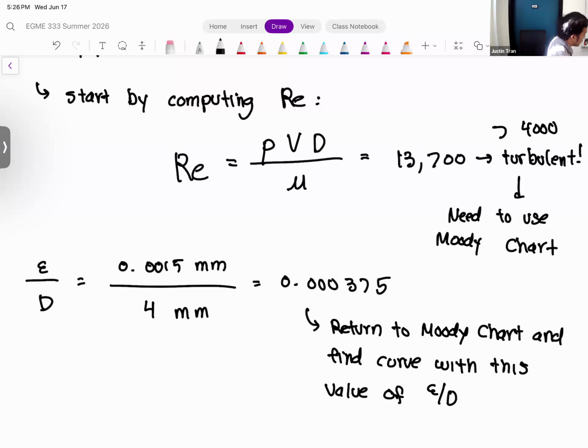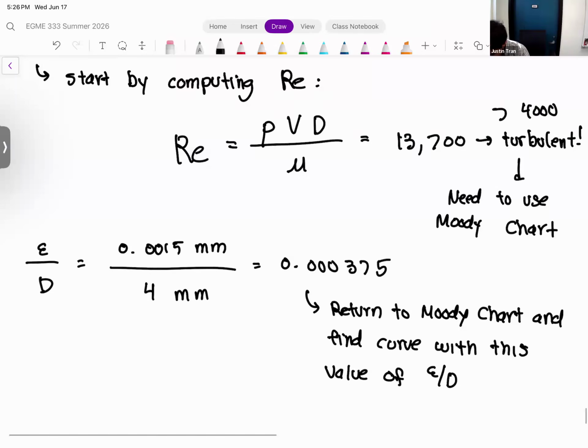Now, the issue, and you're going to run into this a lot when you're doing problems, is that there's not going to be a curve that matches your ratio exactly. If you look at the real Moody chart, there's no curve that matches a ratio of 0.000375 exactly, so you're going to have to go to the closest one.